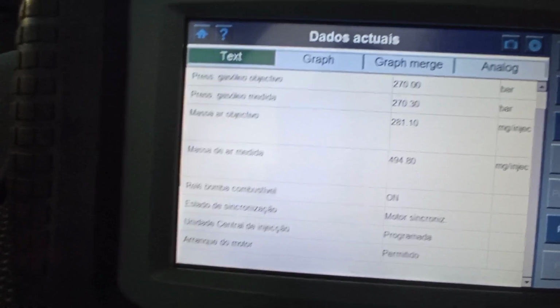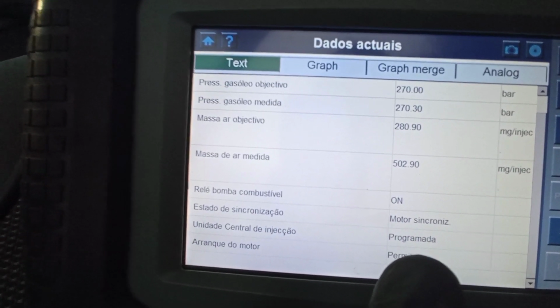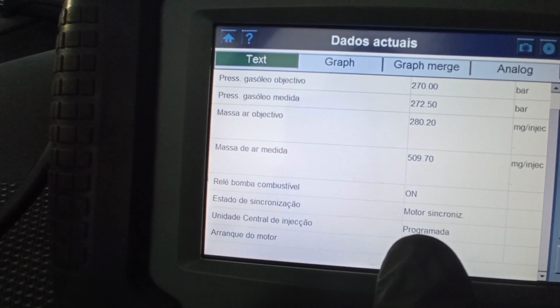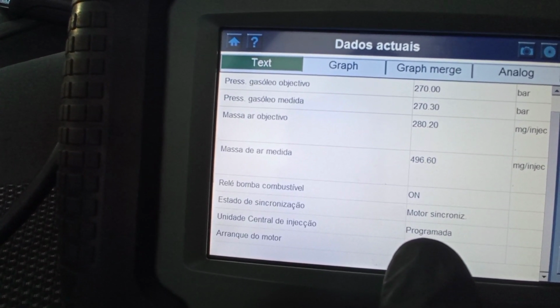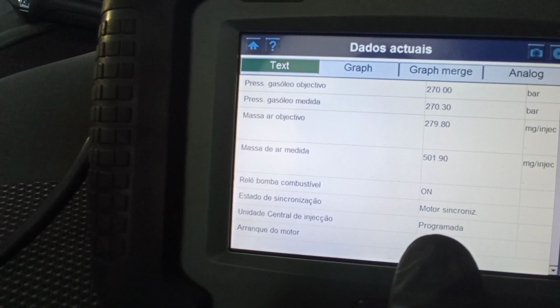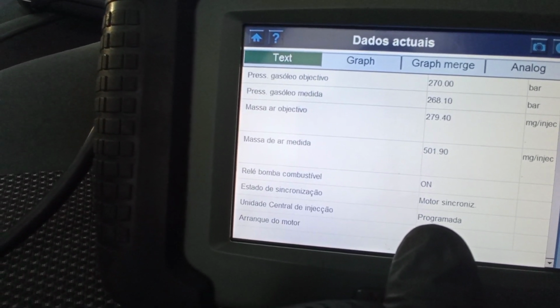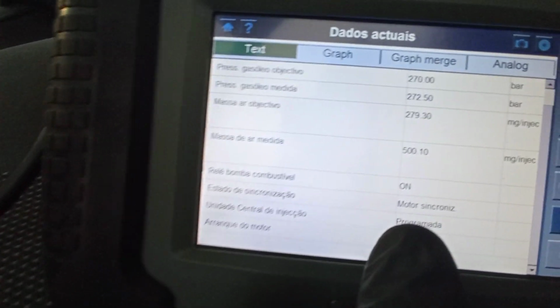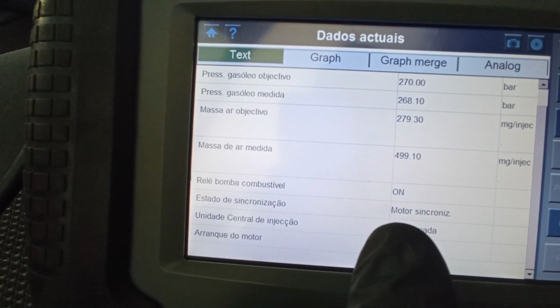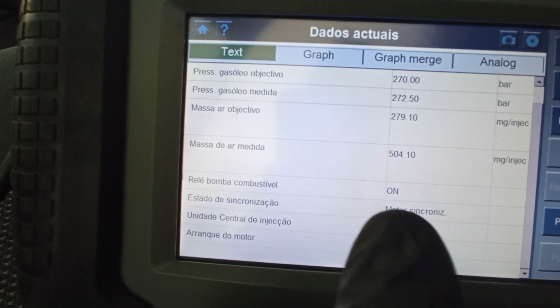But even if I have a good key fob, if my control unit is not programmed, for example, because I use another control unit from another car, even though my key is okay, my control unit may not be okay. We also can see that the synchronization of the engine is okay. The motor is synchronized, okay.